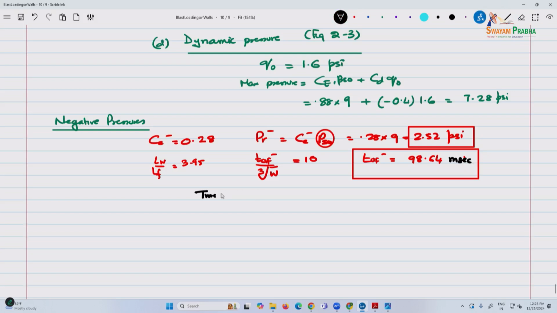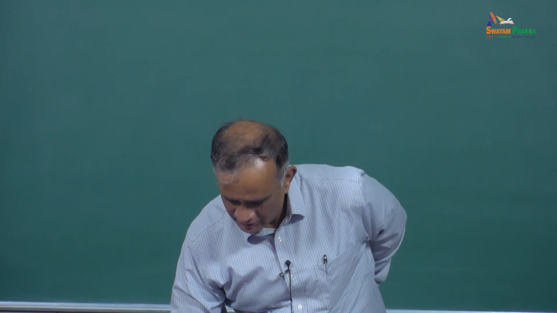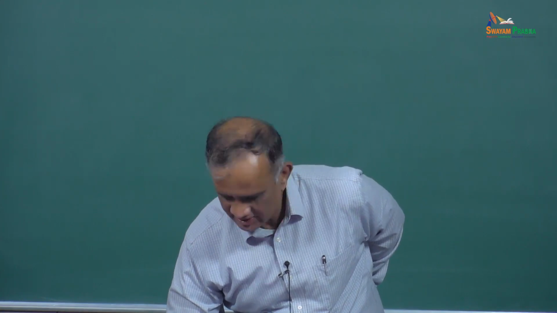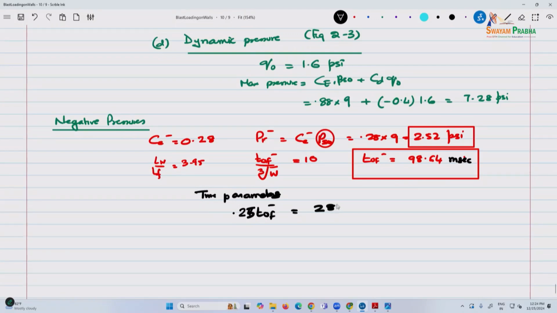So time parameters are, I'm going to go with 0.27. It's going to be a little different. So I'm using 0.25. So this comes to 26 milliseconds.